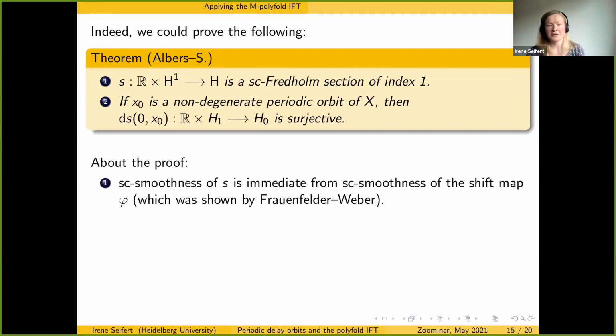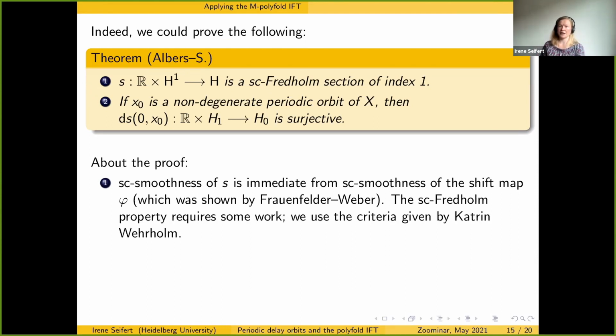So about how to prove this, the scale smoothness of S is of course immediate as soon as we know the scale smoothness of the shift map. And this was shown in a paper by Frauenfelder and Weber. So what we had to do was to check that it really satisfies the scale Fredholm property.